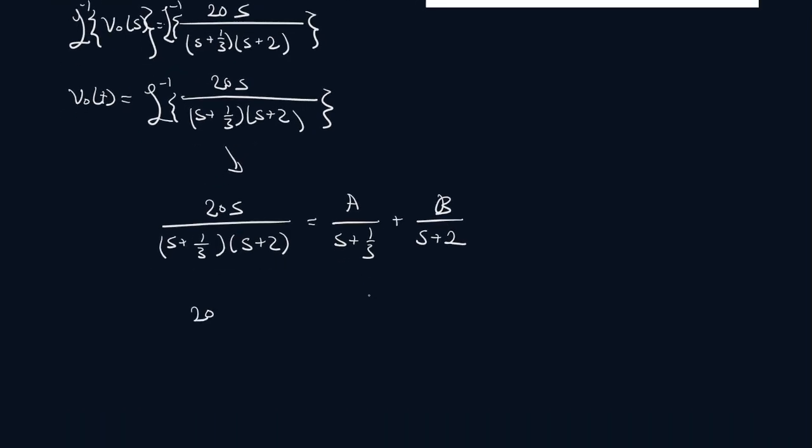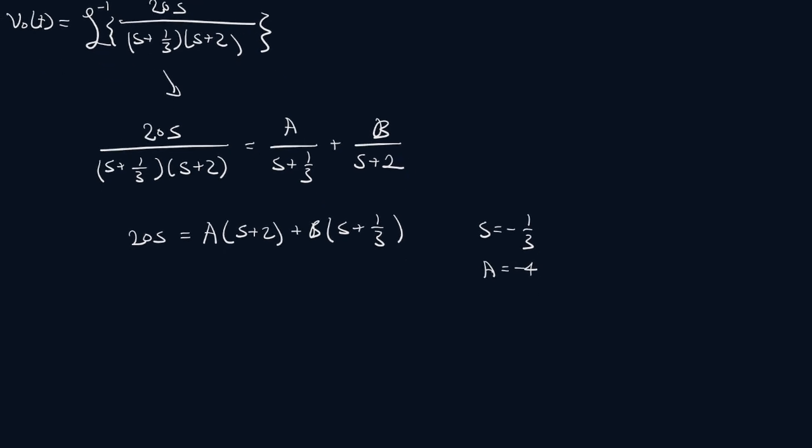So we have 20s equals a times s plus 2 plus b times s plus 1 over 3. When s is equal to minus 1 over 3, our a is equal to minus 4. And when s is equal to minus 2, our b is equal to 24.